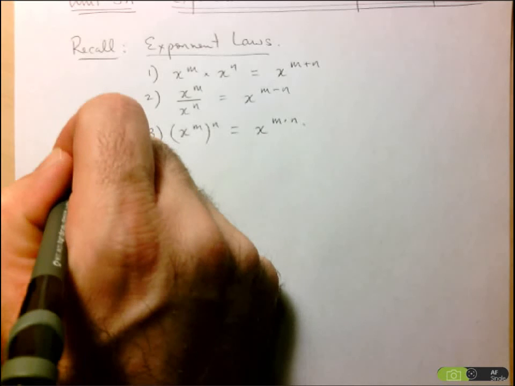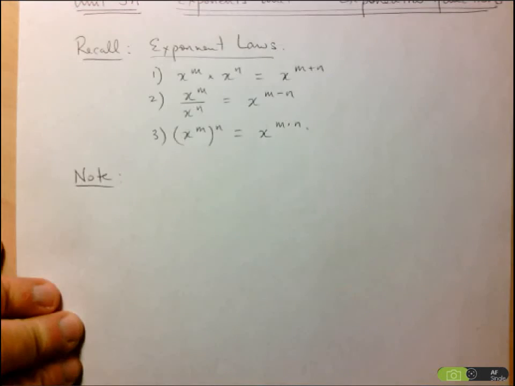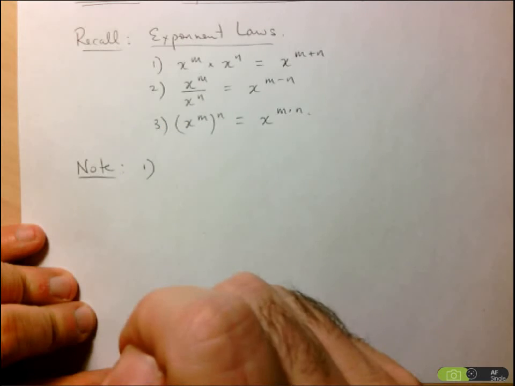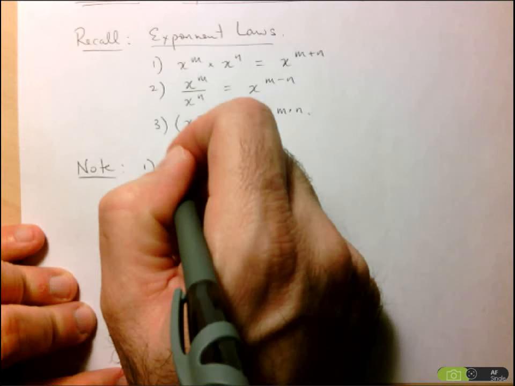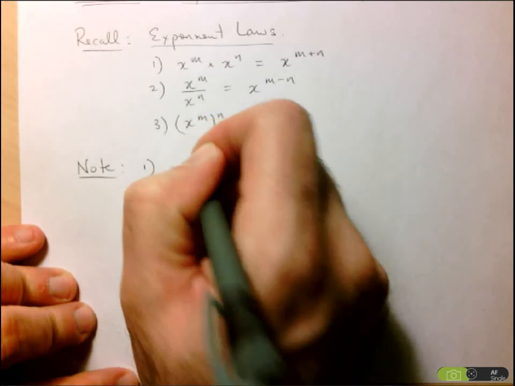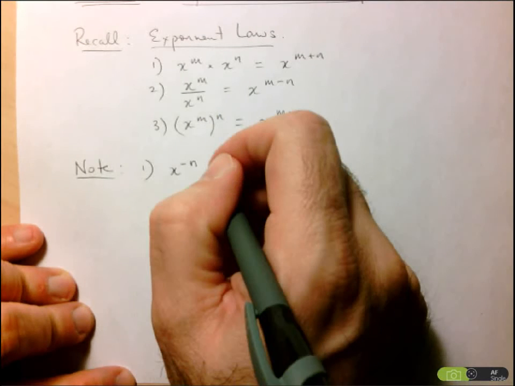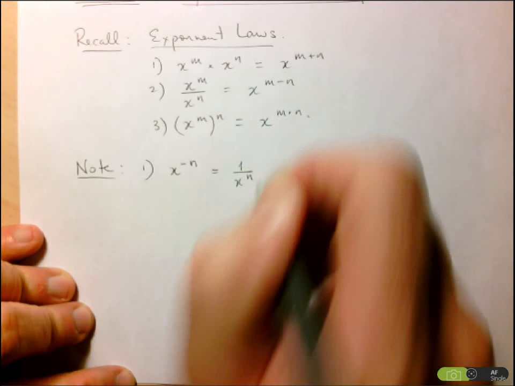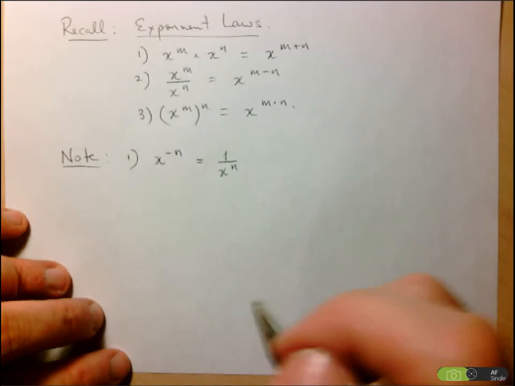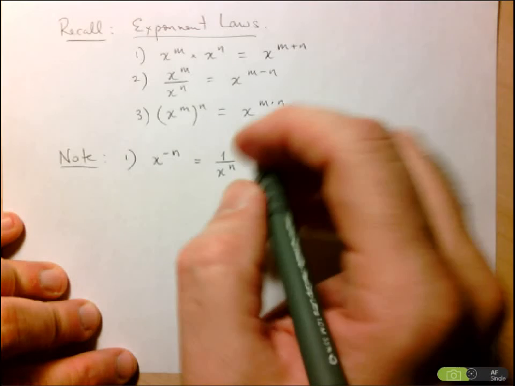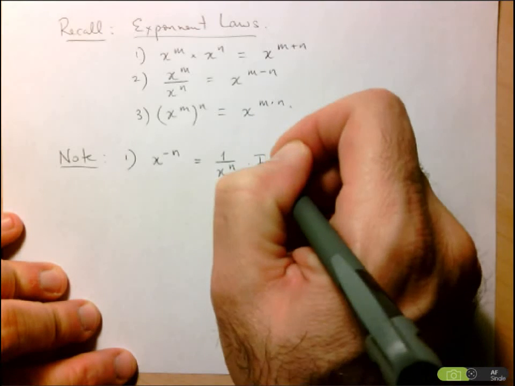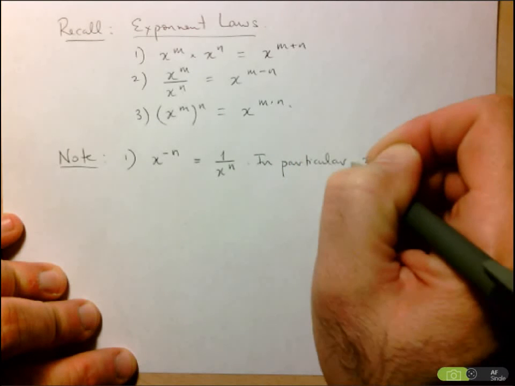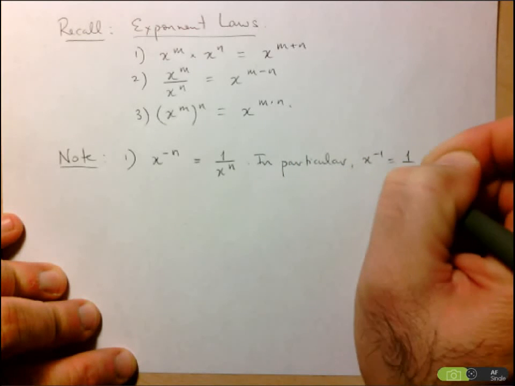Now we'll make a list of all our new discoveries. We'll start with negative exponents. x to the negative n we saw was just equal to 1 over x to the n. In particular, there's that special one that we've already studied before: x to the negative 1 is 1 over x.